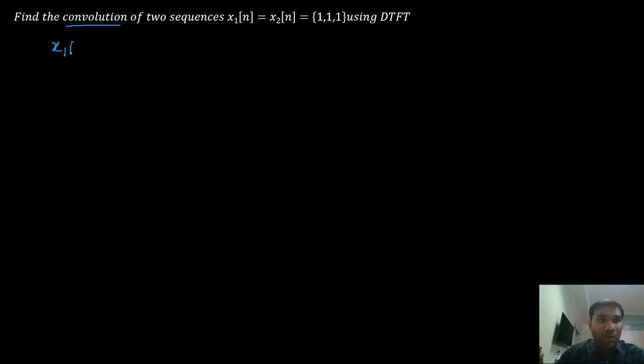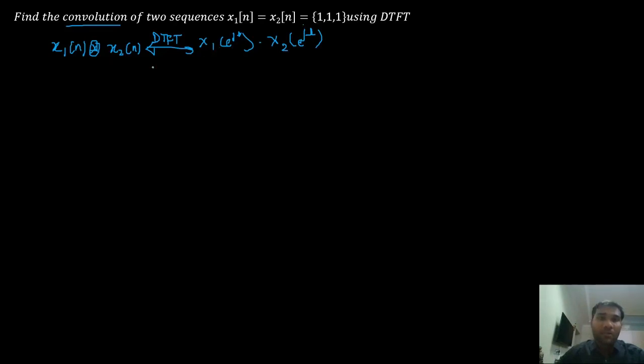The convolution of x1 with x2 will have the DTFT X1 of e power j omega into X2 of e power j omega.